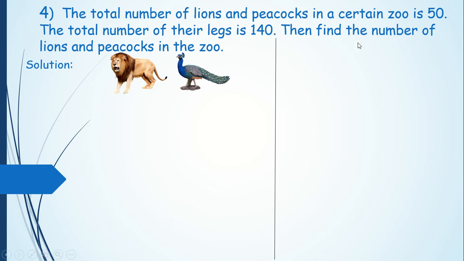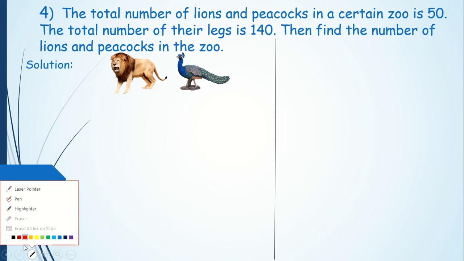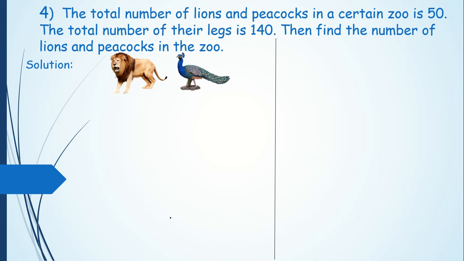See, they have said find the number of lions and peacocks in the zoo. So we don't know how many are there, we have to find. The total number of lions and peacocks together means the sum of lions and peacocks they have given. Lions plus peacocks, total there are 50.